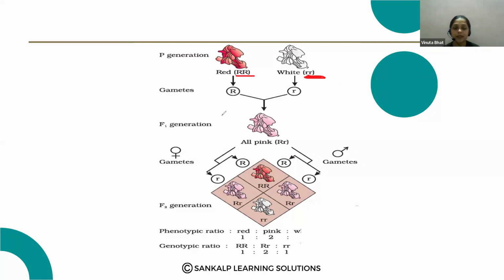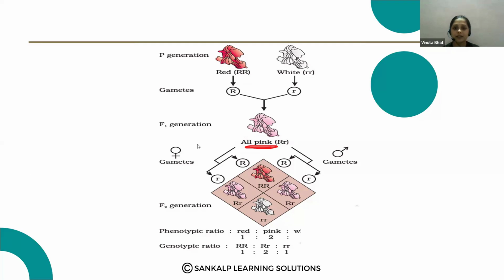They produce gametes, and in the F1 generation all flowers are not red. If there were dominance, they should all be red flowers, but pink flowers, meaning an intermediate color, are formed because of incomplete dominance. The dominant gene does not completely suppress the recessive gene, so pink color is formed.